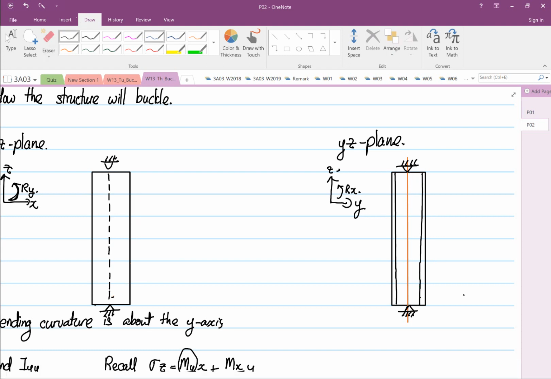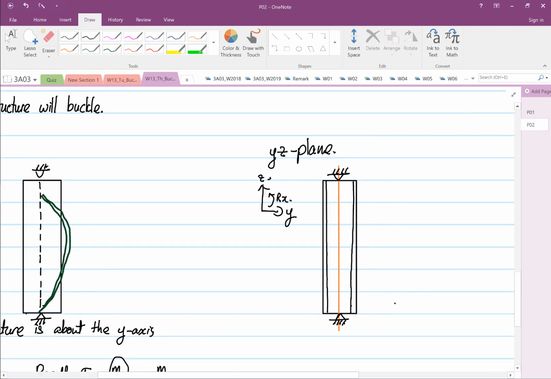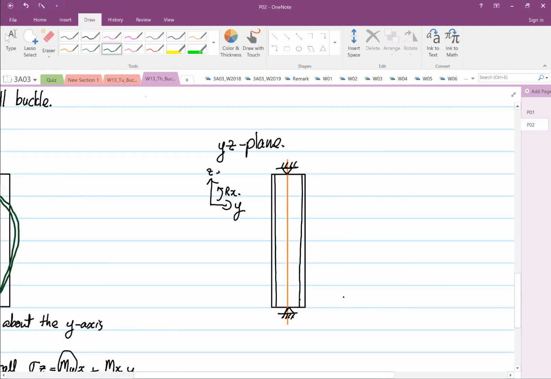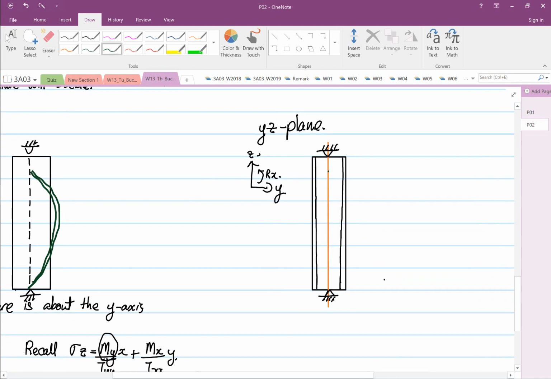When the load is being pushed down, the structure will deform in this direction. This is how the structure is bending, and likewise it will be deforming this way under buckling. The curvature is the same, right? That's how it's going to curve.